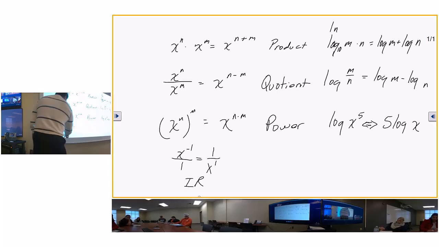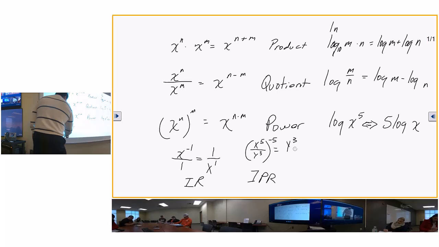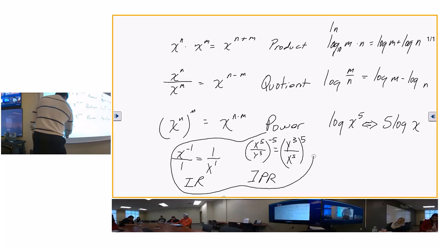And then the inverse power rule is where you have y to the 3rd over x to the 5th, raised to the negative 5th power, is equal to x to the 5th over y to the 3rd raised to the what? To the 5th power. Remember, these two right here are basically to address the negative exponent. They're not really for calculating or simplifying. They're just to get rid of the negative exponent. So these are kind of like secondary. These right here are the ones you need to remember.